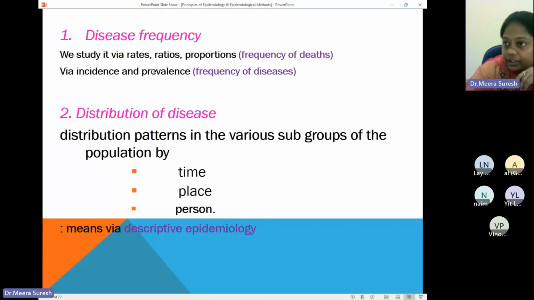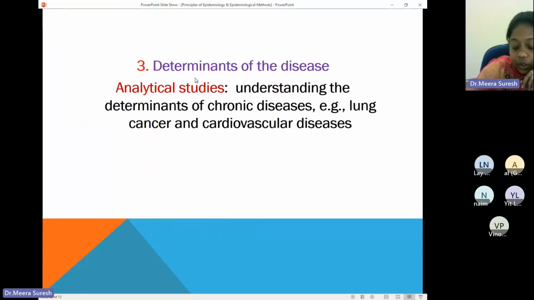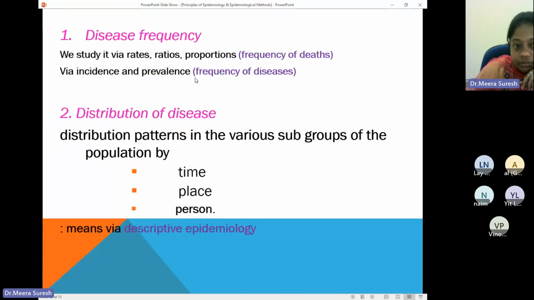So according to our definition of epidemiology, we saw that we are going to learn three things: the disease frequency, the distribution of disease, and also determinants. That's what we learned in the definition of epidemiology. The disease frequency, as indicated in the picture, we learned via rate, ratio, proportion, about the death and diseases by incidence and prevalence. And now we go to the distribution.